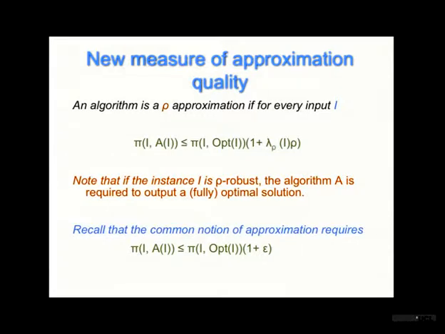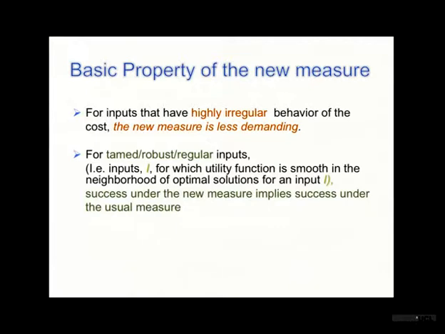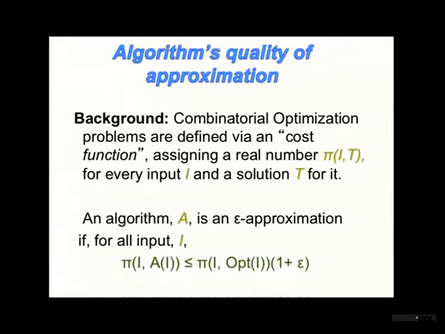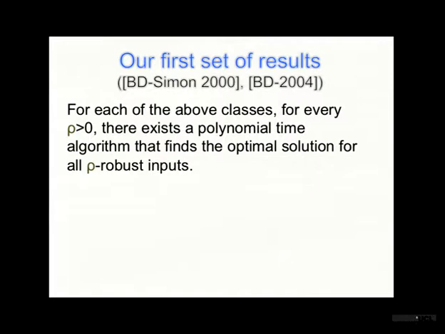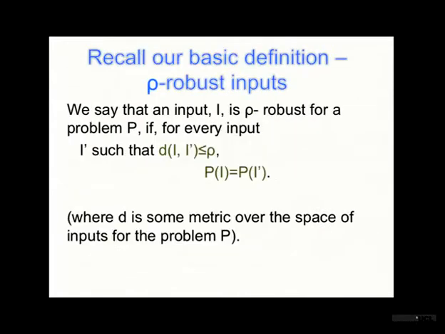You're going to slightly relax your definition of raw robust, effectively, is what you're saying, right? Because you're not going to require the equality always that you had in the first. If you go back to the original definition of raw robust, it was that if you change something, P of I equals P of I prime.